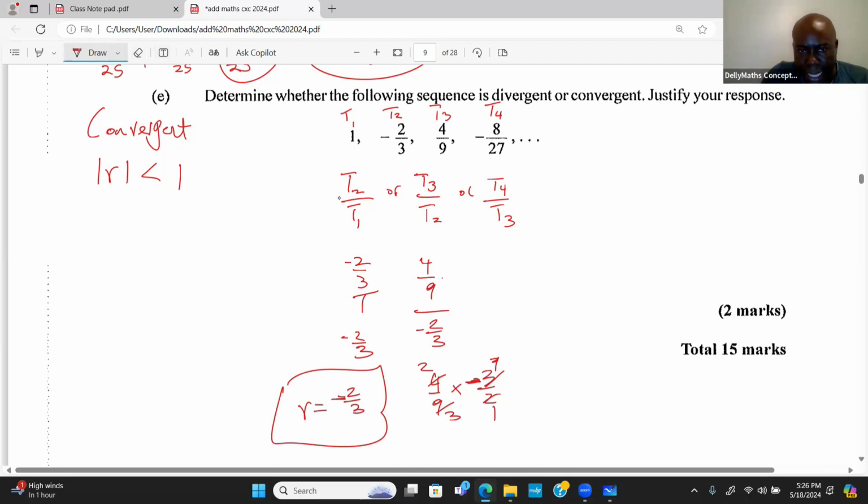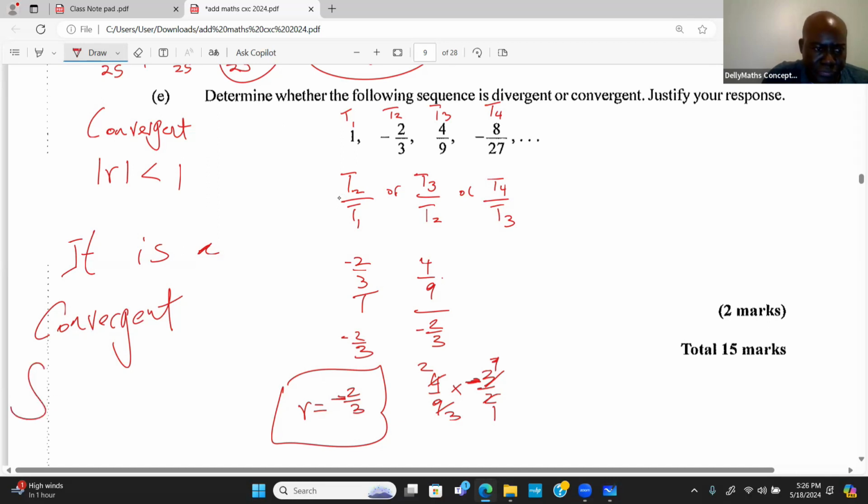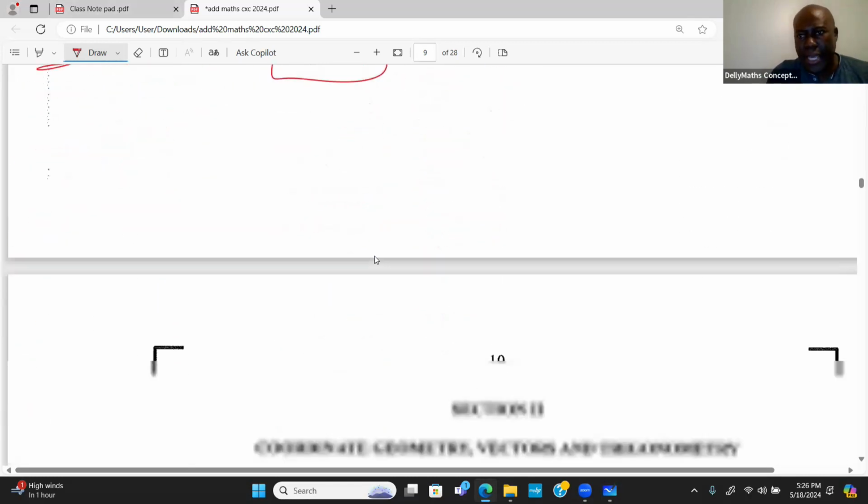So the conclusion: it is a convergent sequence.